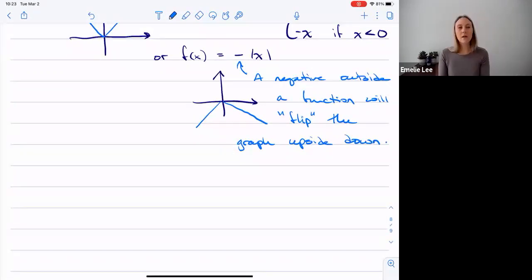Which actually applies to all of these graphs, but we haven't worked with that yet. So if it comes up, then just check it in Desmos and just make sure. But in general, that's what's going to happen.